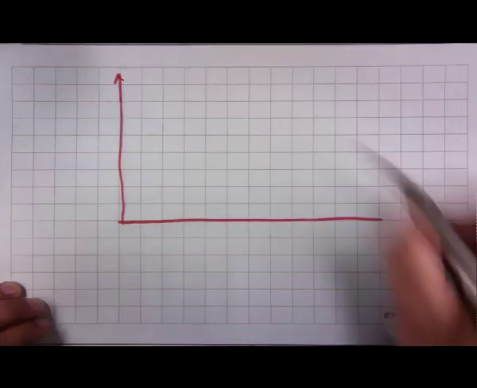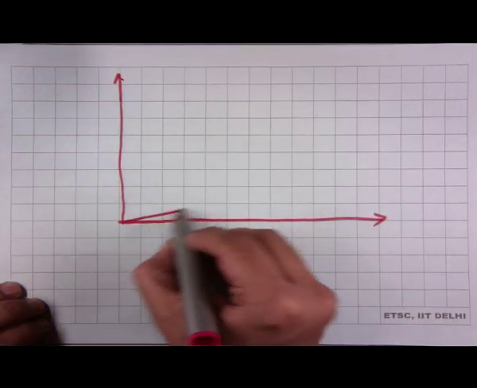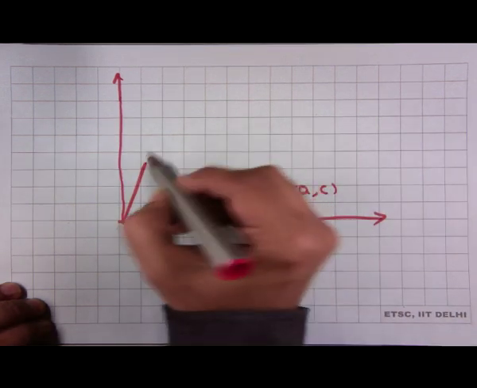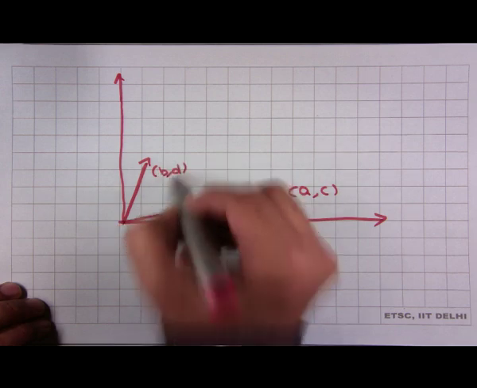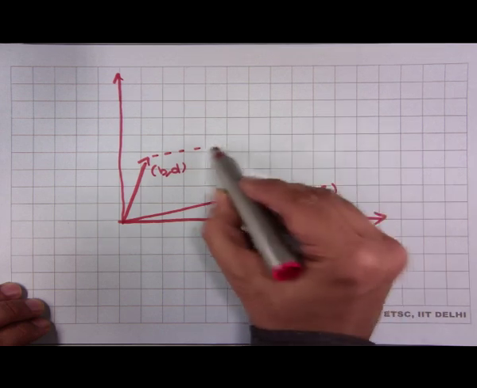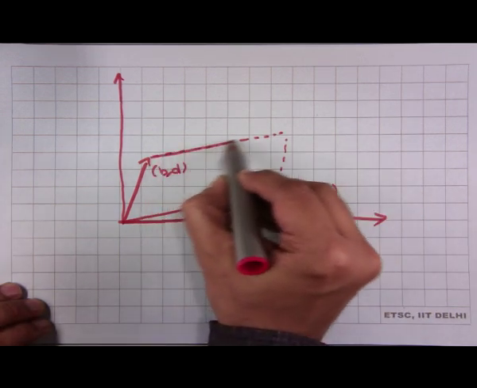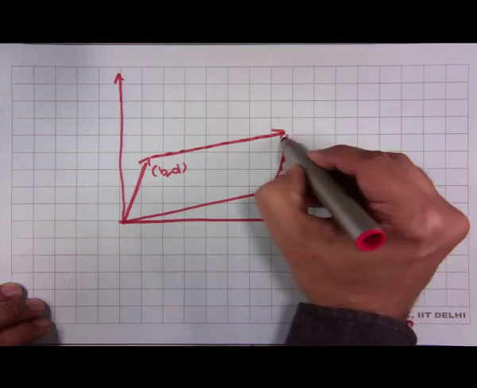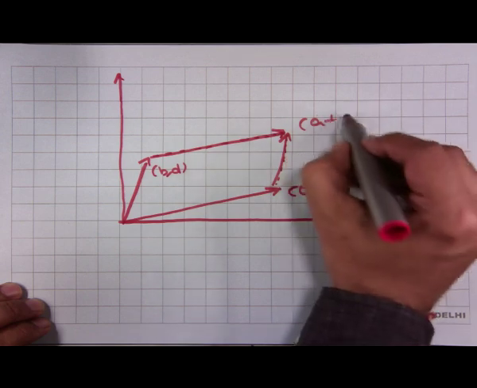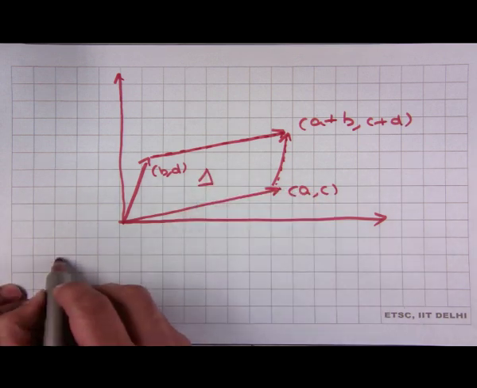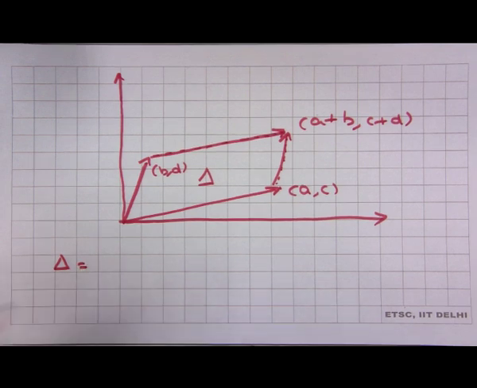Let me just draw a bigger version of the same figure. A vector here which is AC, a vector here which is BD, and we formulate a parallelogram based on those vectors, this point being the sum A plus B and C plus D. Now, we want to find this area delta, and the way we would like to solve for this is to find a bigger area and subtract out the different elements.